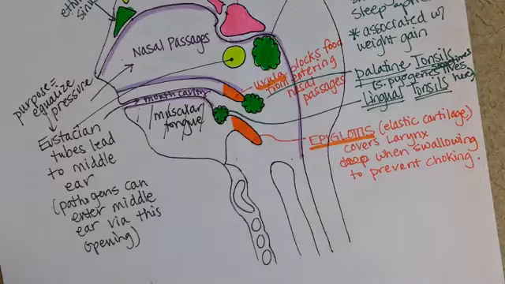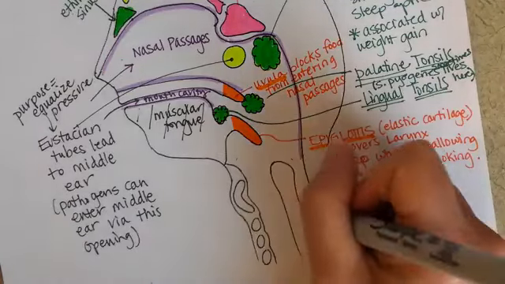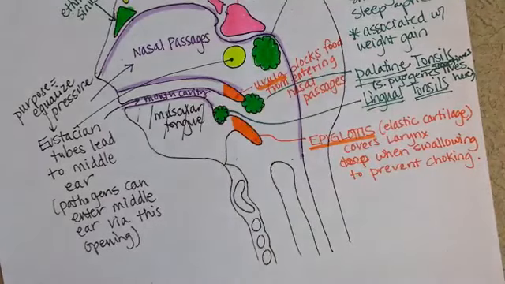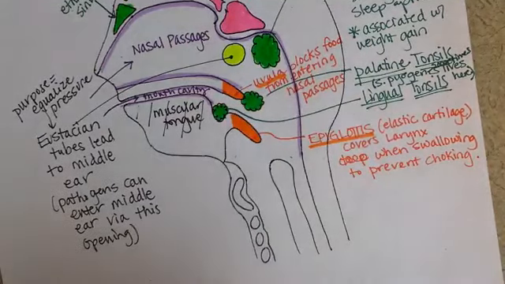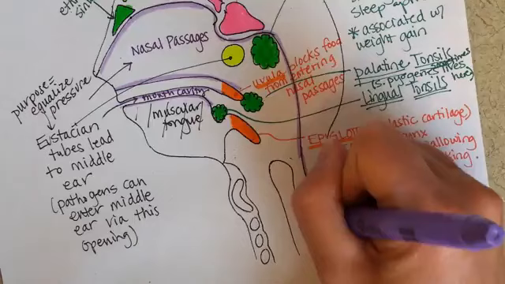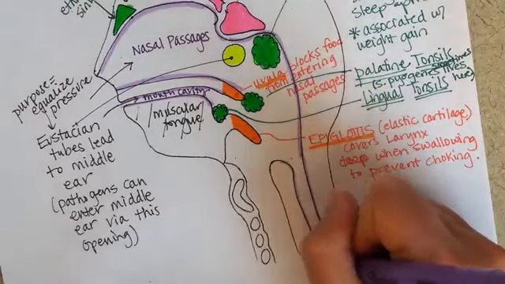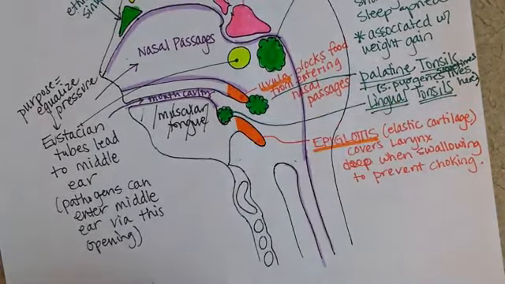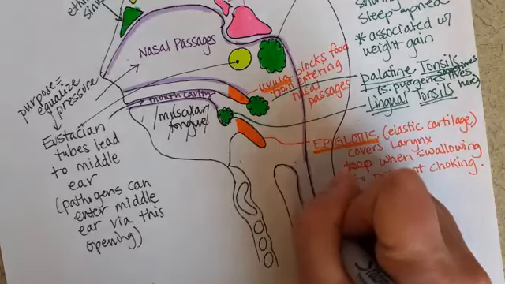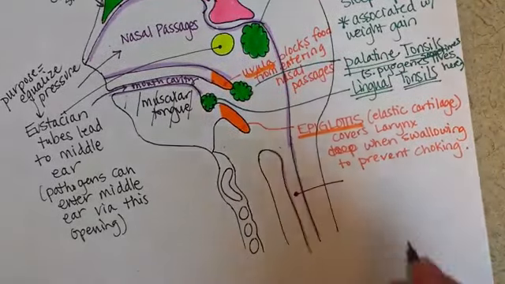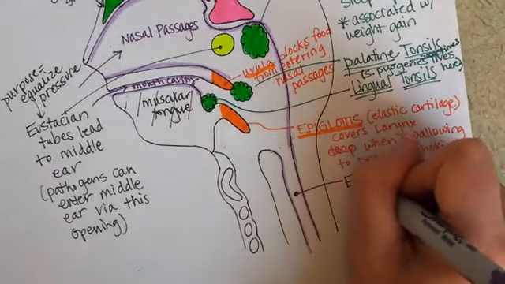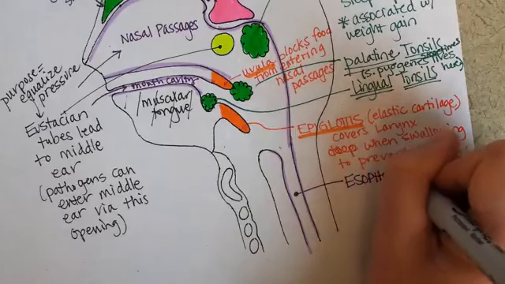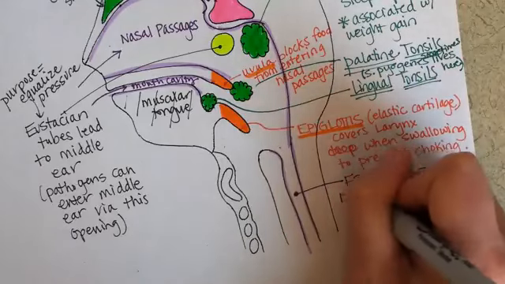So next, you can see the esophagus back here. Maybe go ahead and outline that in purple, the continued opening right here for food. This is the esophagus. It's a muscular tube.